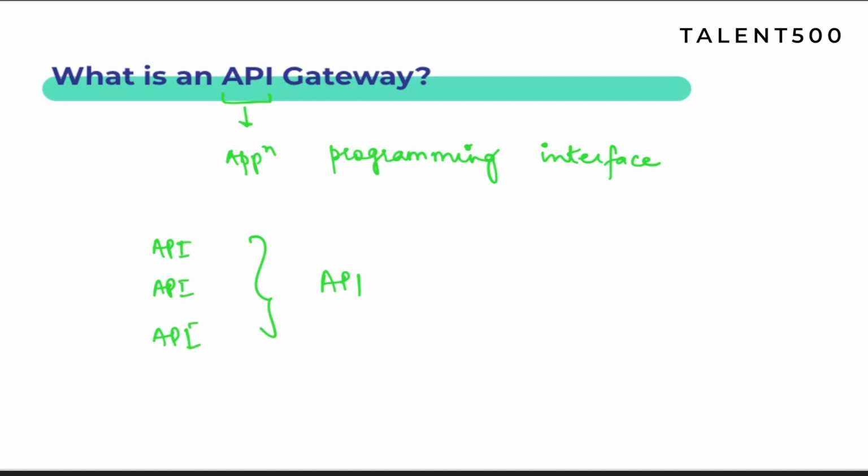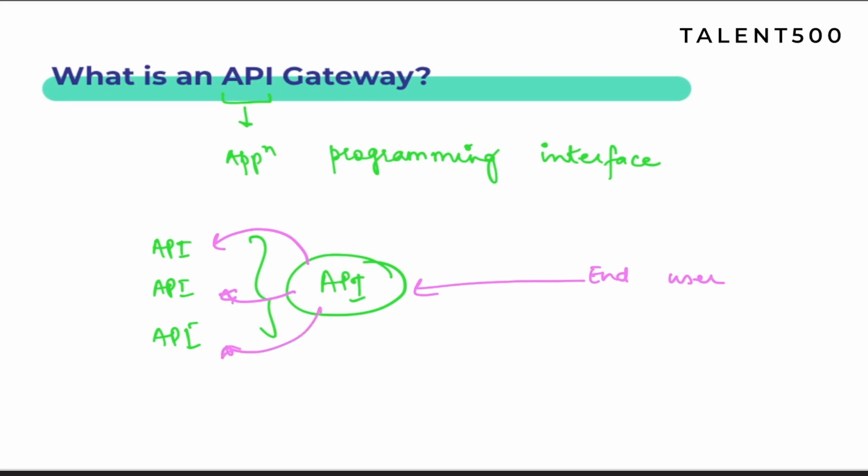Now, when you talk about this one, what is it actually going to do? If you are calling this one, that one is going to call the other APIs. You can say chaining. Like we have some end user here. That end user is making a request for this API, and this one is going to call individually all the other APIs. So when you talk about this API gateway, what will it be doing?